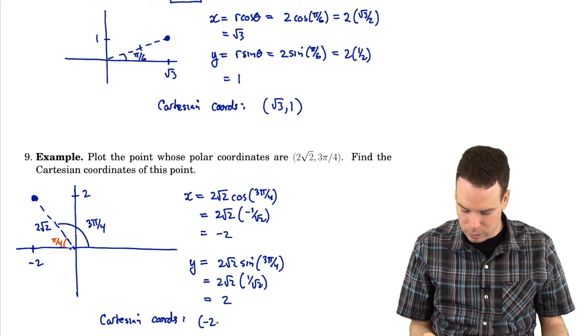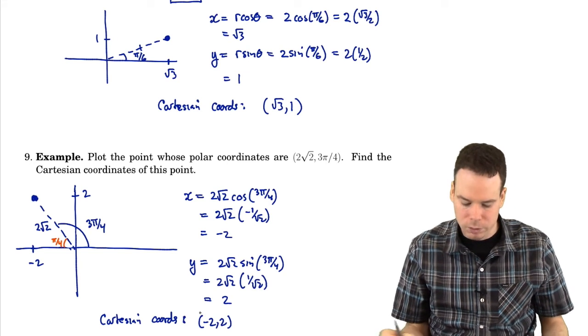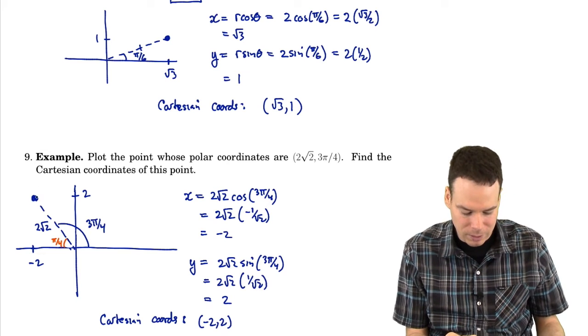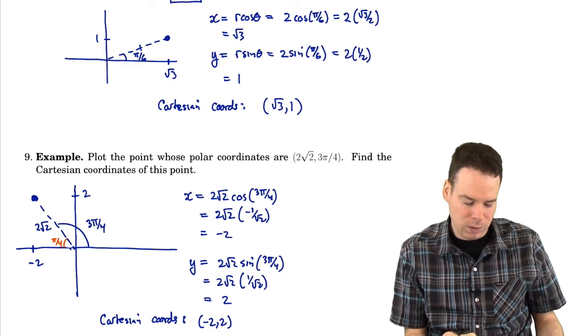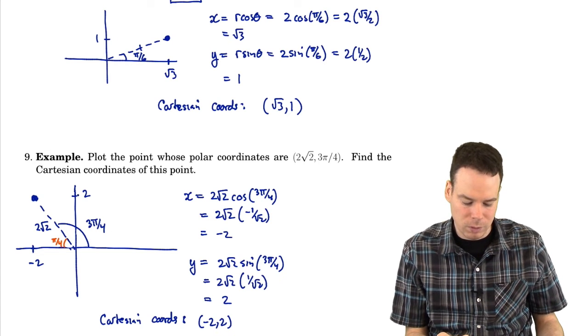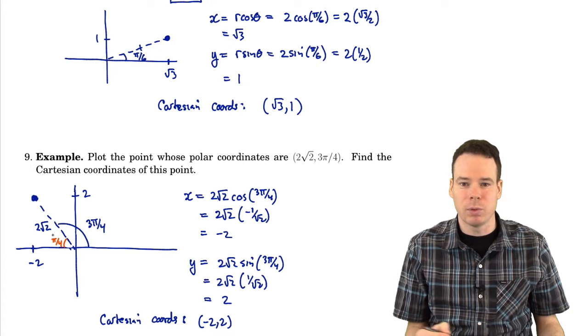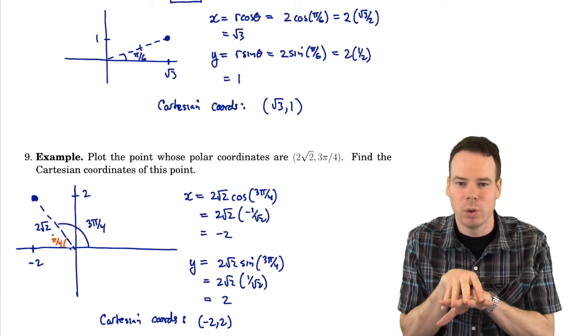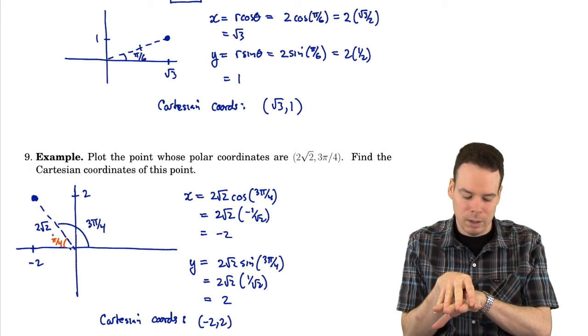Negative 2 comma 2. You'll notice that in these examples, I'm sort of mixing the coordinate systems. I've got the points drawn in terms of the r value and the theta value, but I'm also overlaying the Cartesian coordinates in the same grid. And this is typical. We'll sometimes overlay the Cartesian coordinates and the polar coordinate systems on the same grid.